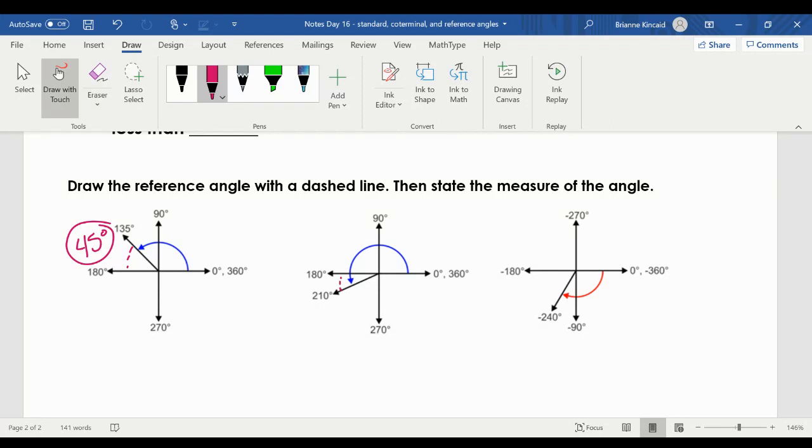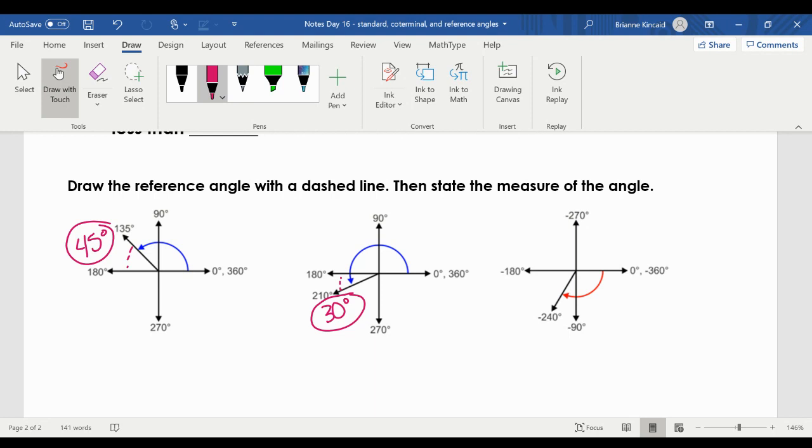Now remember, it's always a positive angle. It doesn't matter which direction you're drawing to. 210 is 30 degrees past 180. And for the last one, yes, these are negative angle measurements. You almost want to ignore them in this case.